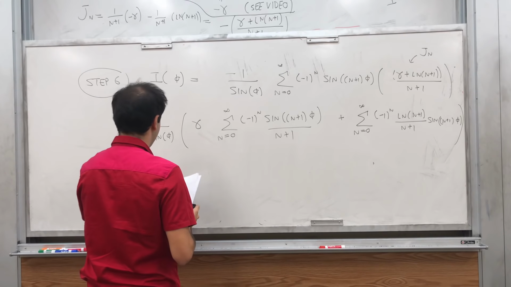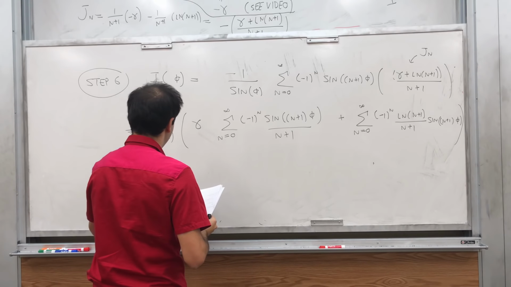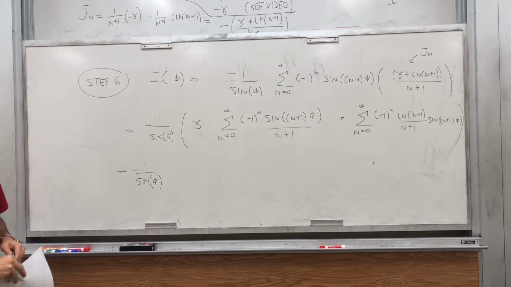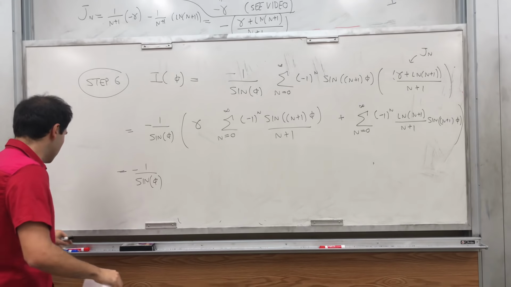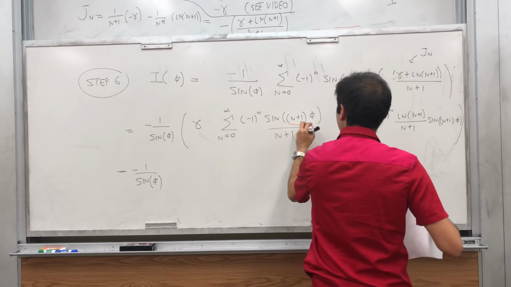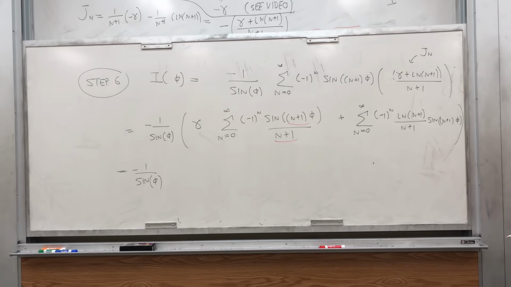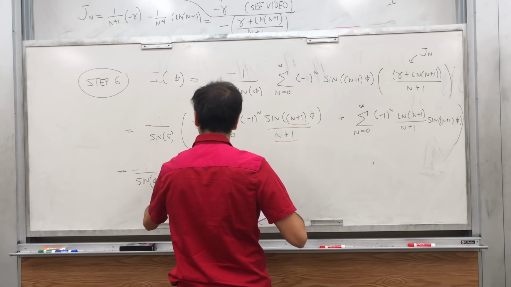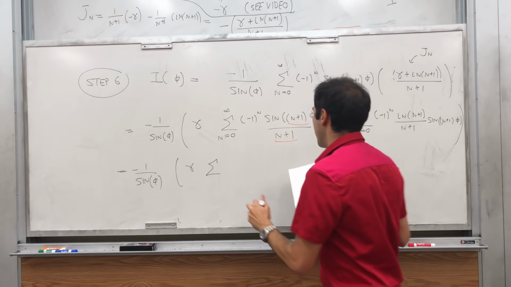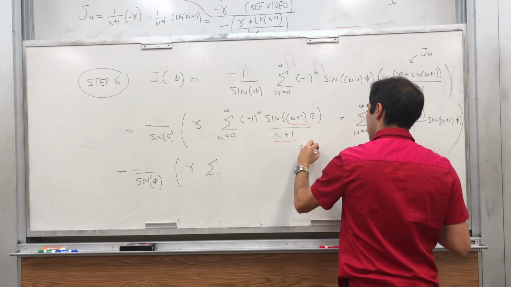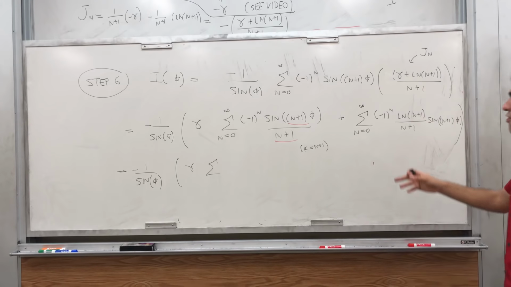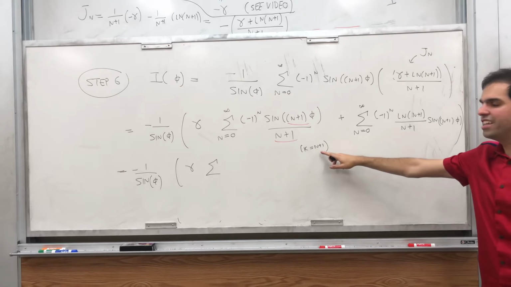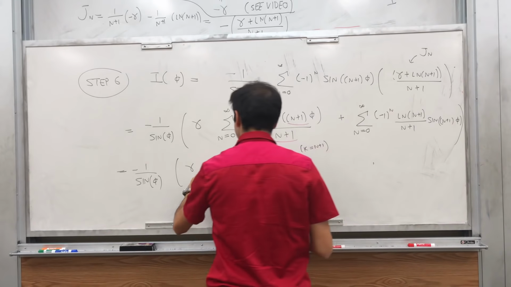Now, notice how those terms are similar, at least for the first one. We both have an n plus 1 and an n plus 1. So if you want, just shift the sum by 1 so that you get sine of k phi over k. So if you want, let k be n plus 1. Well, if n goes from 0 to infinity, k goes from 1 to infinity.